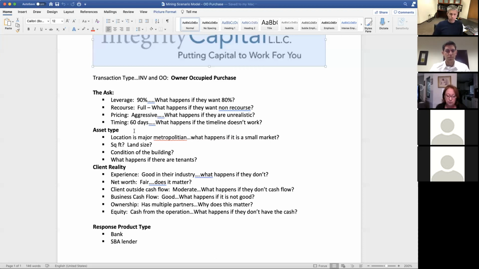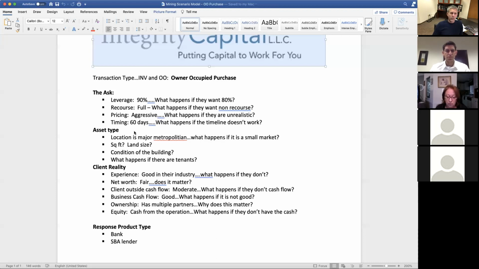What I mean by that is, when you're typically talking with a borrower, they generally have some sort of ask, meaning they want something. There's a particular thing they want to see, that's important to them.